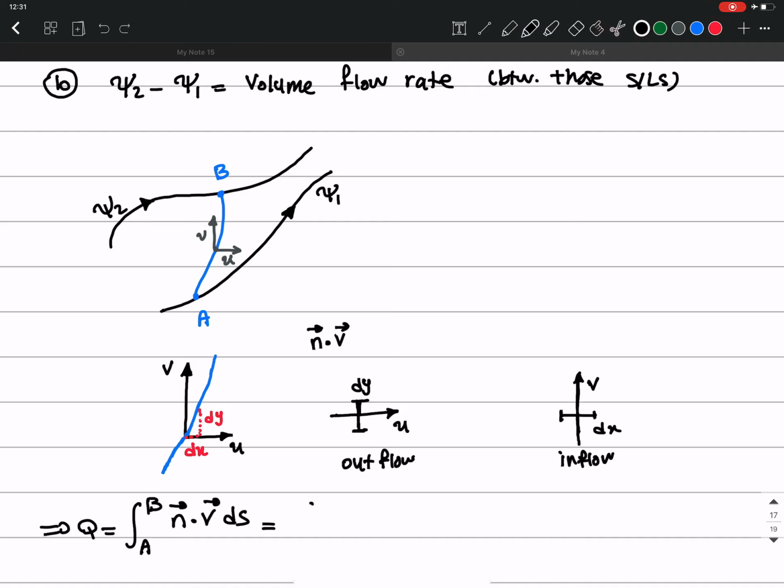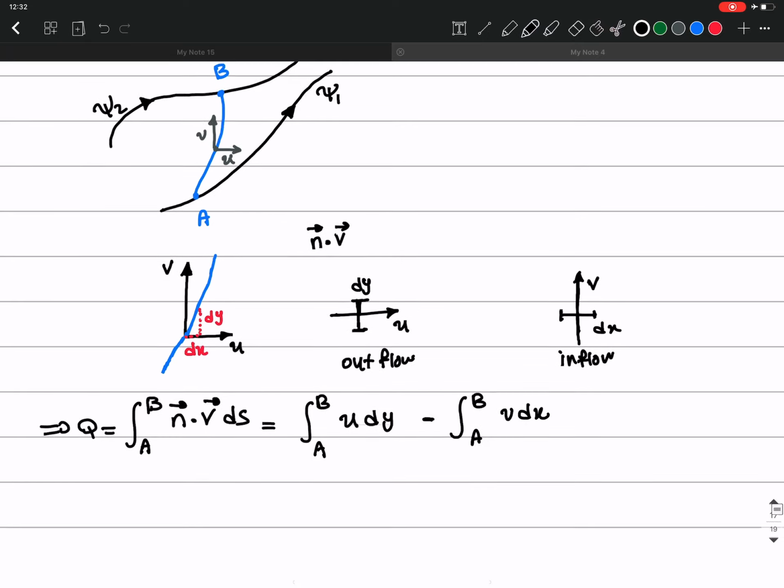So it's going to be the integral from A to B of u times dy, right? This is how much is going out of this AB line. And then for the inflow, we need to have a negative sign here because it's going inside this. So it's minus the integral from A to B of v dx. Okay, this is how you calculate the volume flow rate that is going out of this AB line.